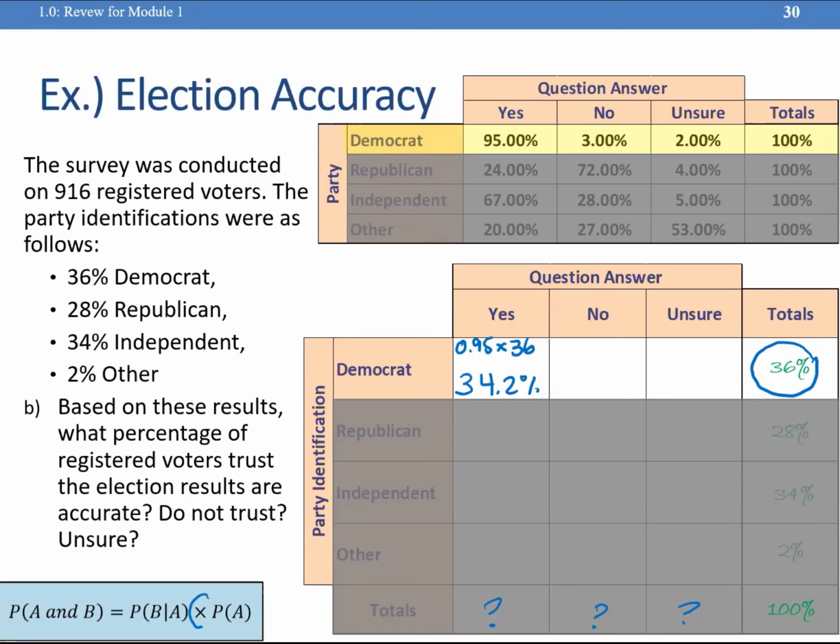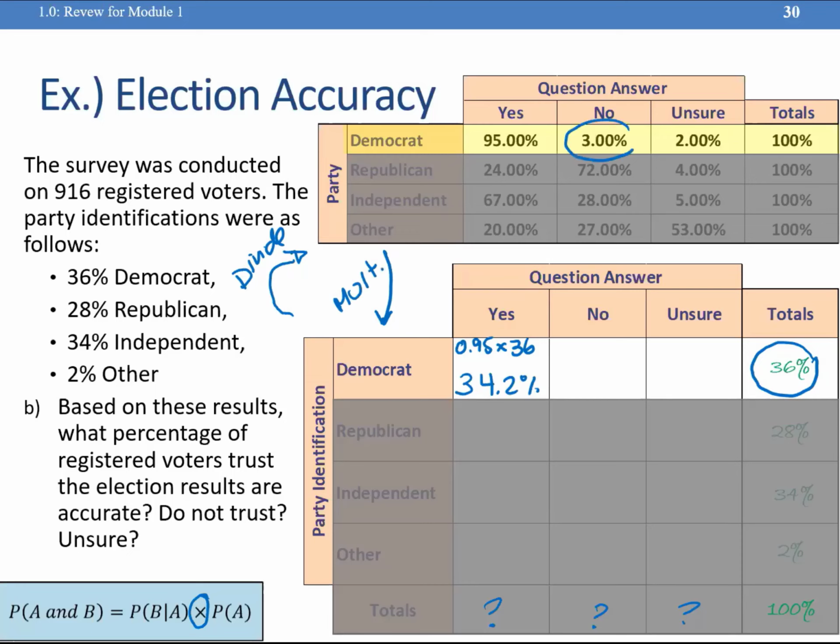Note that we are now multiplying. When we go from a contingency table to a conditional table, we divide. When we go from a conditional table to a contingency table, we multiply.